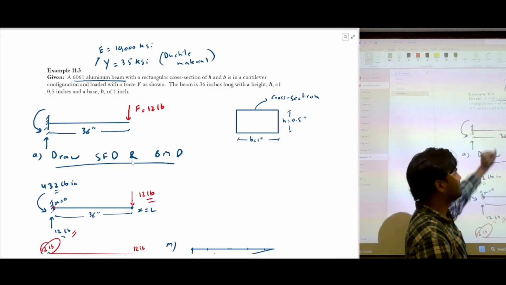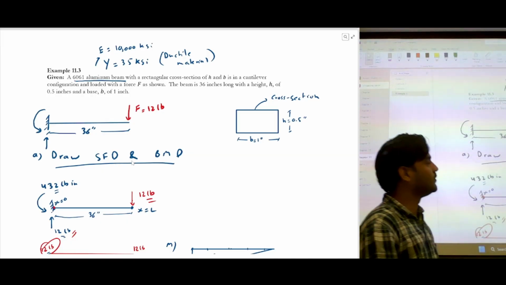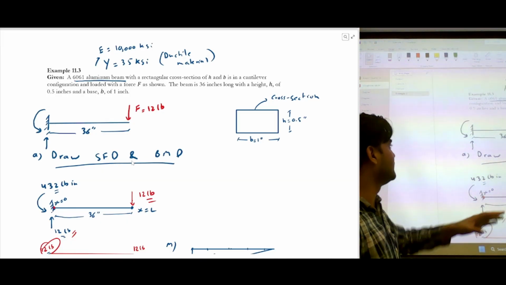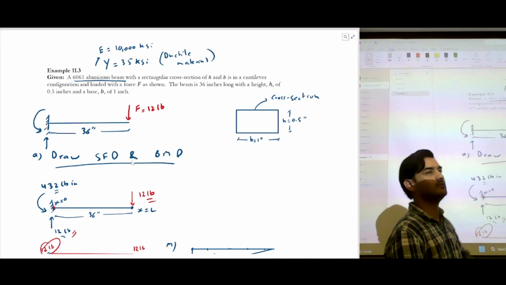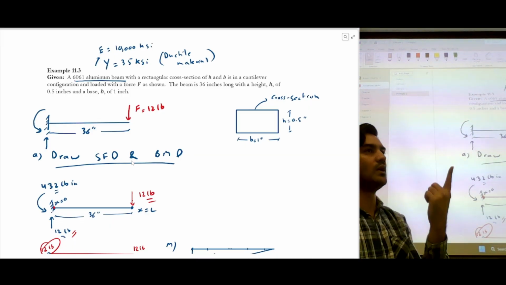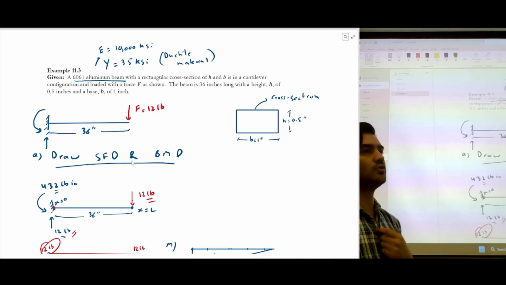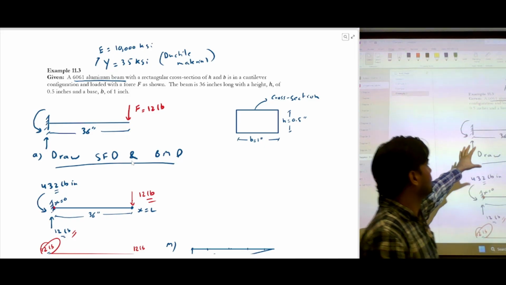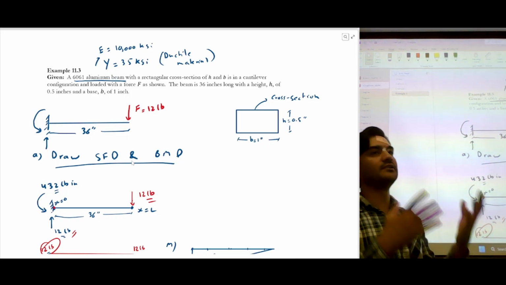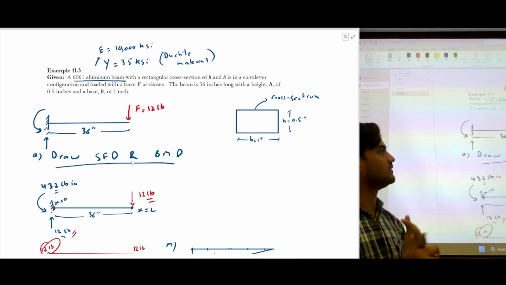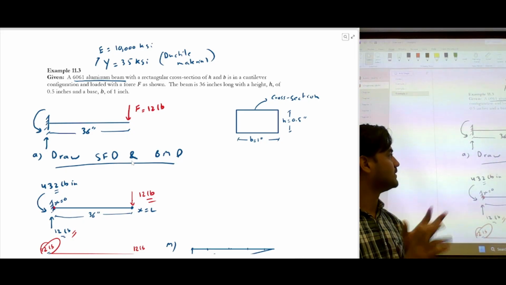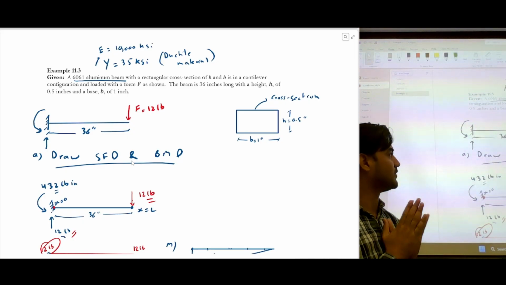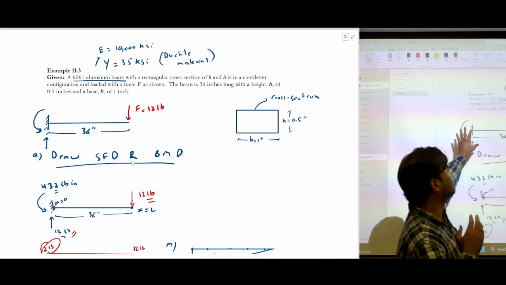You will be asked to calculate the reactions and calculate the internal loads. That's going to be question one. And also stresses, right? So question one would be to calculate stresses because of the loads. The stresses could be because of shear force, because of bending moment. So that's going to be question one, calculating stresses from the member.